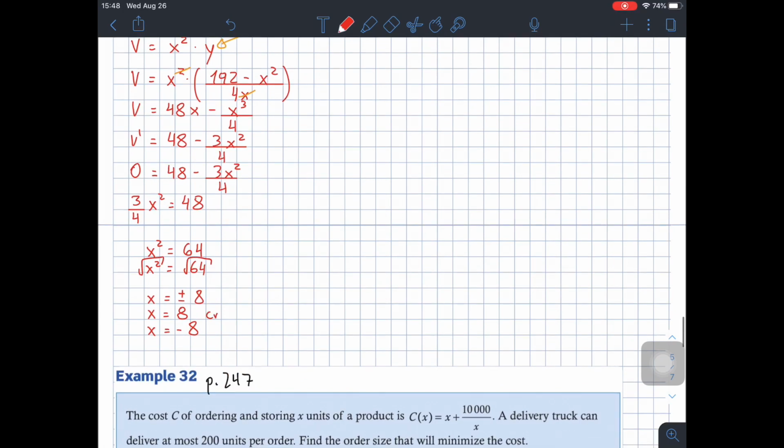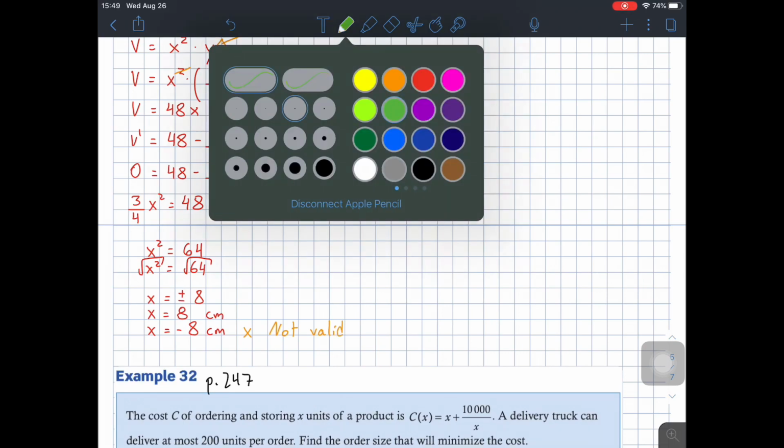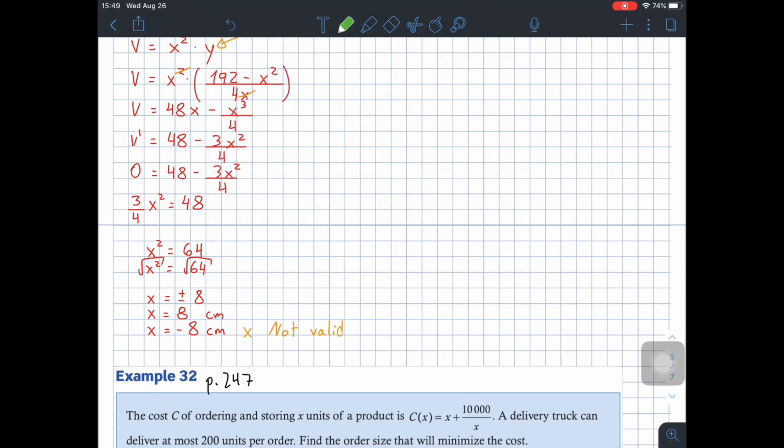So if we write unit of measurement, this is centimeters. And then we need to analyze the result. Can we have a negative length for the box? No, right? So we can, in this case, automatically eliminate this because we cannot have a negative length, right? So we only stay with this value, which is x equals 8.